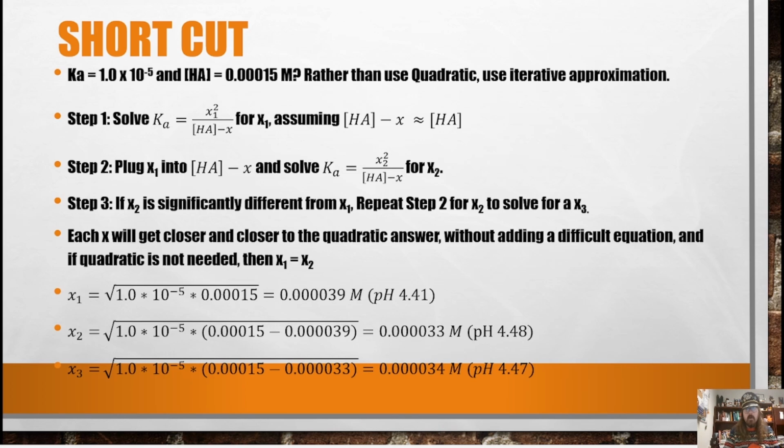So after 2 iterations, it is now the same value as our quadratic. We can do this by just doing the same thing over and over again and slowly get closer and closer to the quadratic without having to set up and solve a complicated quadratic each time. So it is a shortcut, and I'll show that in practice in a little bit.